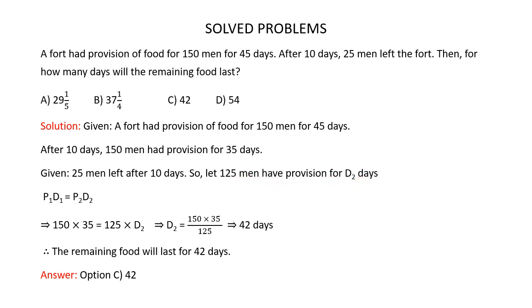So substituting all these values in the formula here, we get 150 multiplied by 35 is equal to 125 multiplied by D2. So D2 is equal to 150 multiplied by 35 divided by 125. On solving this, we get D2 as 42 days. So the remaining food will last for 42 days. The correct answer is option C, 42.